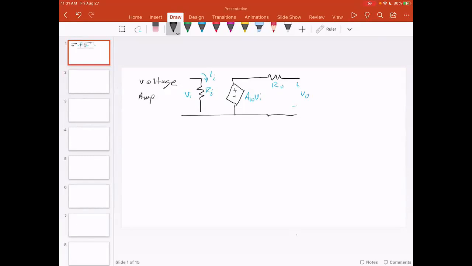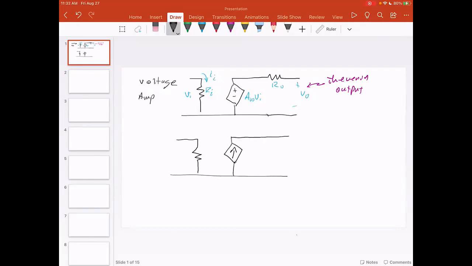And if we transform this output from a Thevenin to a Norton output, keeping the input the same, then we would have an ideal current source on the output.